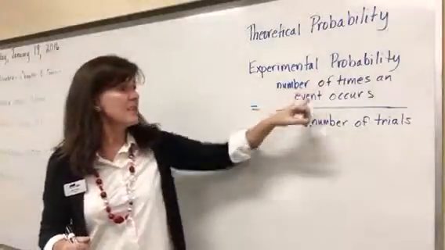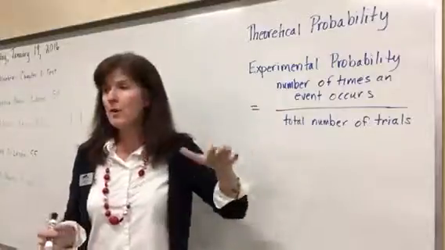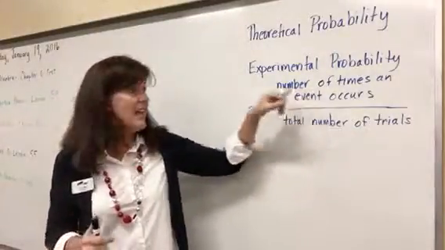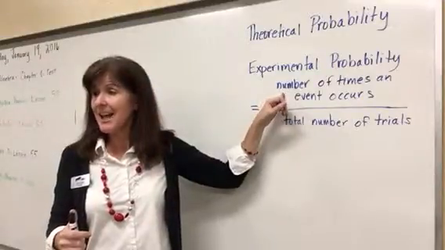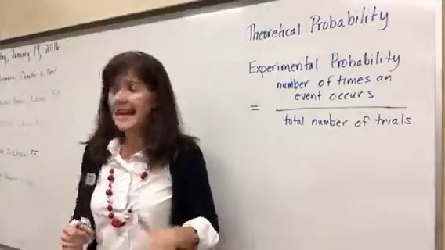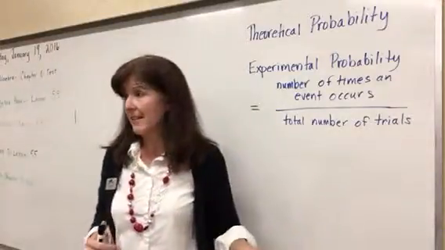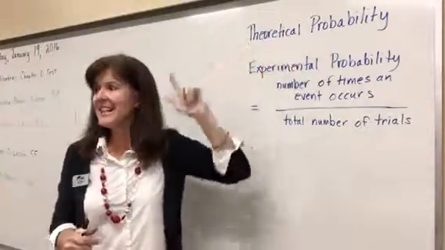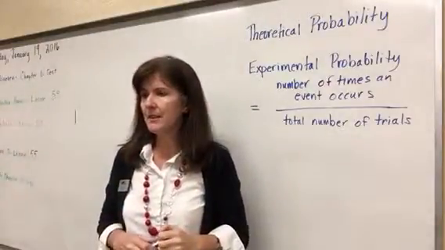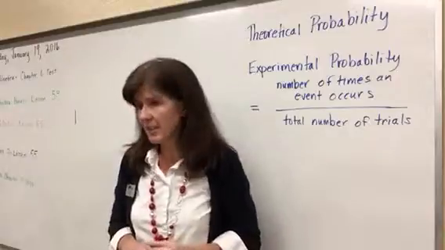So it's the number of times an event occurs over the total number of trials. So if I toss a coin 10 times and 6 times it lands on heads, the experimental probability of it landing on heads is going to be 6 out of 10. Theoretical probability is 5 out of 10. Does everybody see the difference? Taylor? Can you reduce that? Yes, you would definitely reduce.